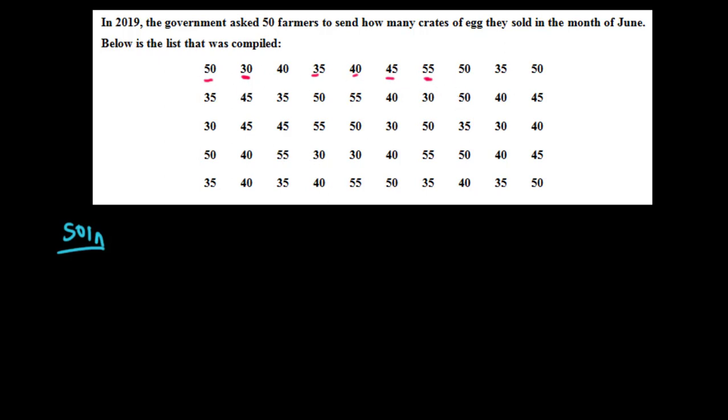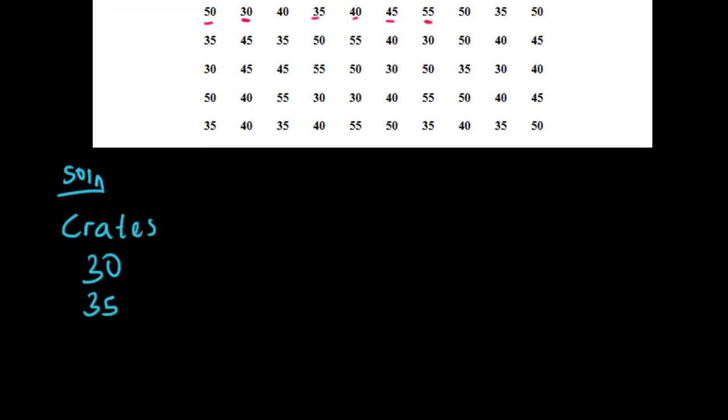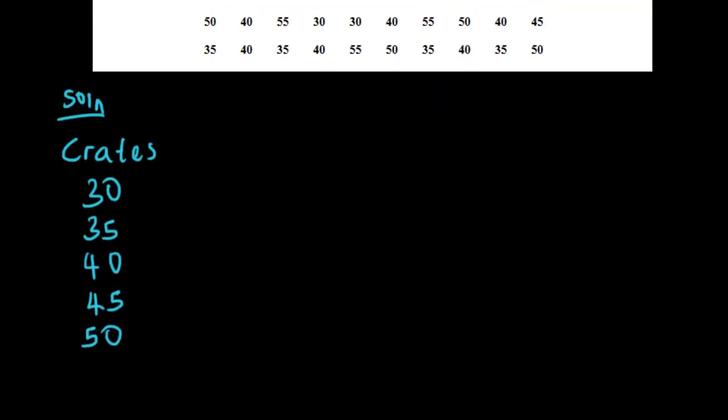Now we've got to write that here. So we have crates: 30, 35, 40, 45, 50, and then we've got 55.